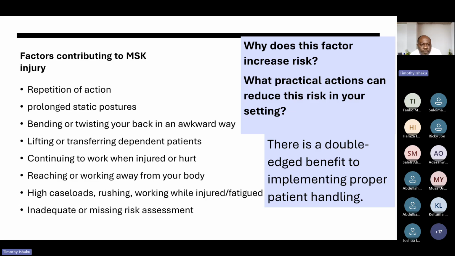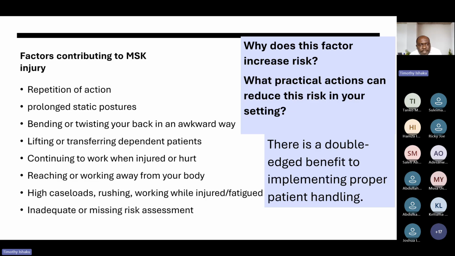It prevents us, it helps prevent us from risks of injury. And it helps the organization you are working in from sickness, absences, and losing staff, or staff not even performing because they are afraid of injuring themselves or further injuring themselves.